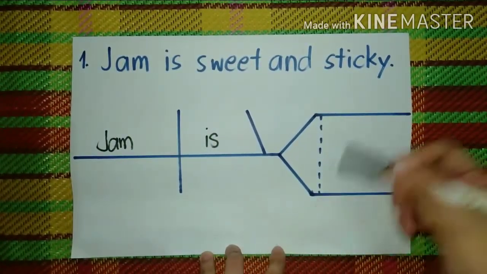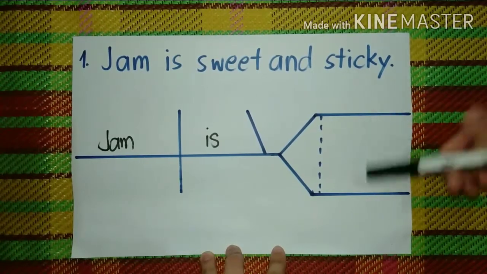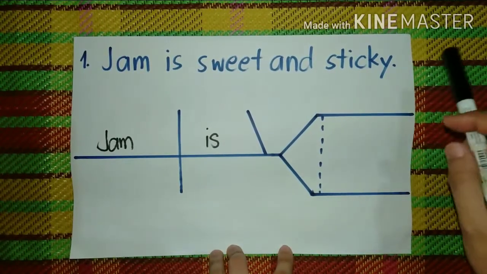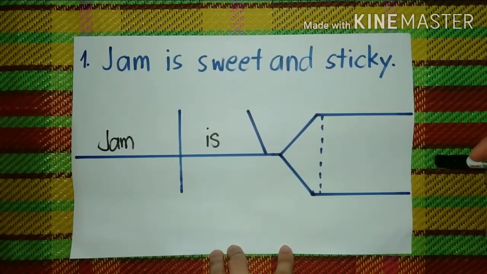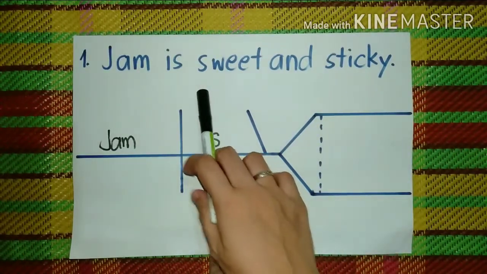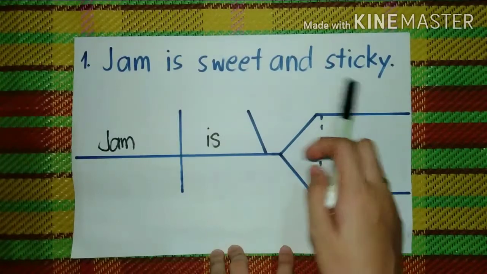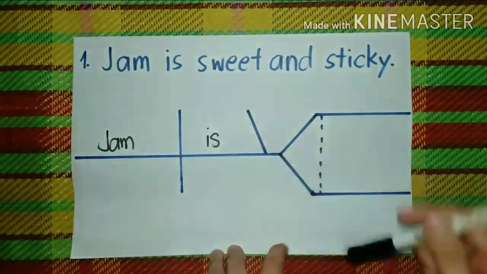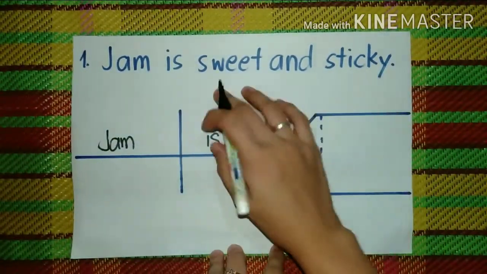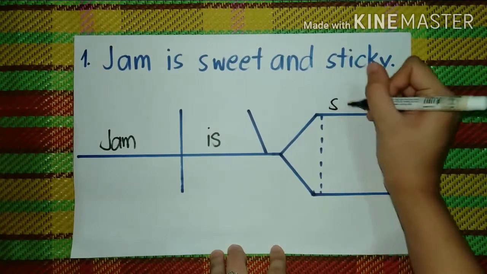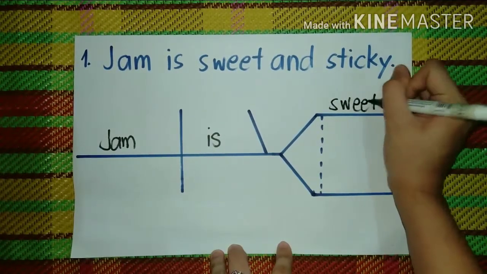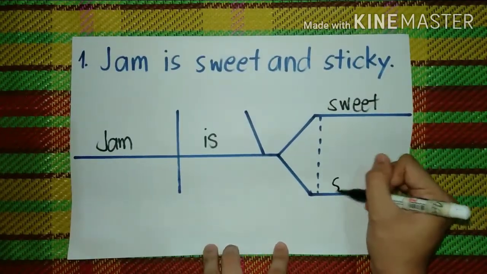And for this part, we have to identify the adjectives in the sentence. The words sweet and sticky are the adjectives that describe the jam. So you will just have to write the words here, sweet and sticky.